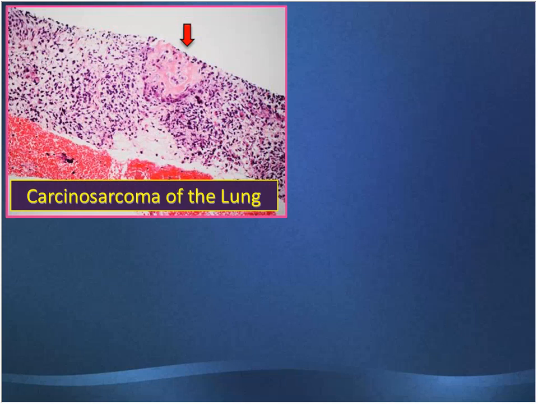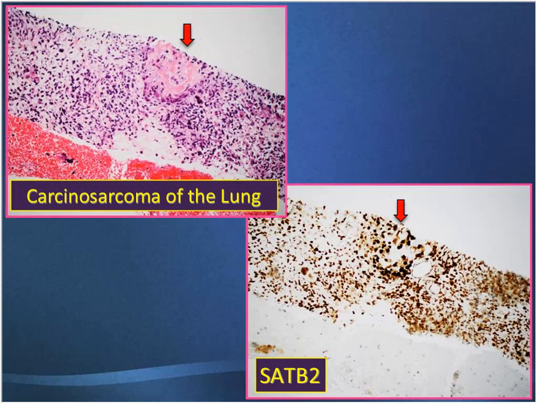And that area made us believe that maybe the rest of the sarcomatous elements are also an osteosarcoma. And using this marker, you can see that almost all the tumor cells are positive for nuclear expression of SATB2, including that area which looks like osteoid.